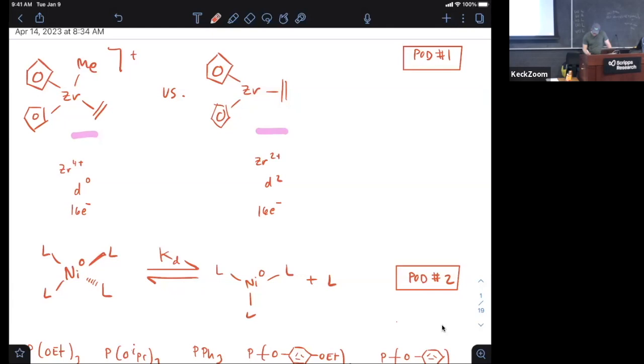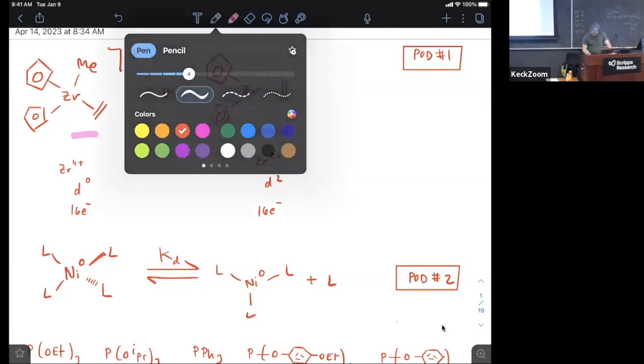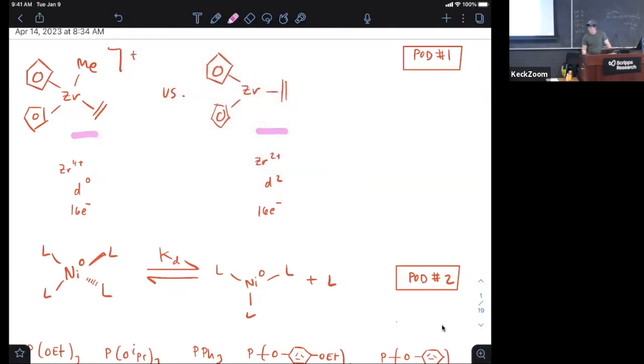So what's the key difference here you want to highlight as it pertains to strength of bonding interaction? Which is going to have stronger bonding interaction with the ethylene? The right one, because it has stronger pi bonding. Okay, so we've got, again, a similar case to the one that we covered with Annabelle. d0 cannot engage in pi back bonding, as compared to the one on the right, which can.